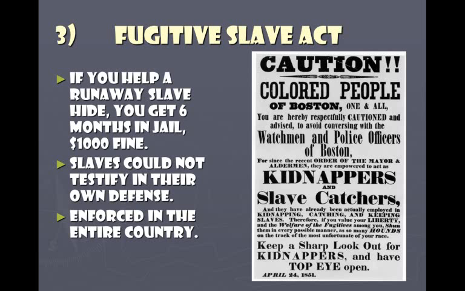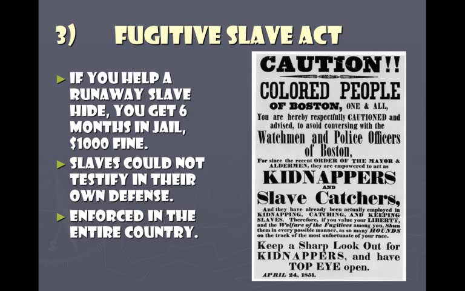This was a way to force people in the North who were against slavery to help catch runaway slaves and send them back south. This law would be enforced in the entire country, not just in the South or in the border states. So it would force many people to report runaway slaves and catch them, and if they didn't, they could be punished as a result.